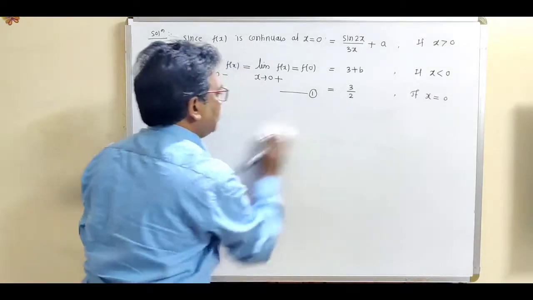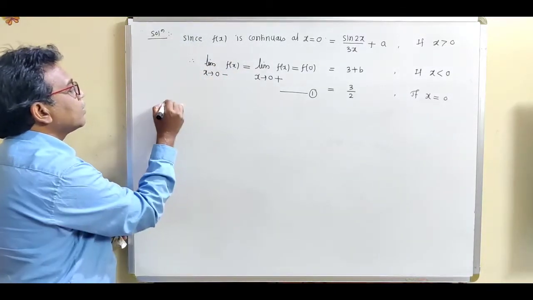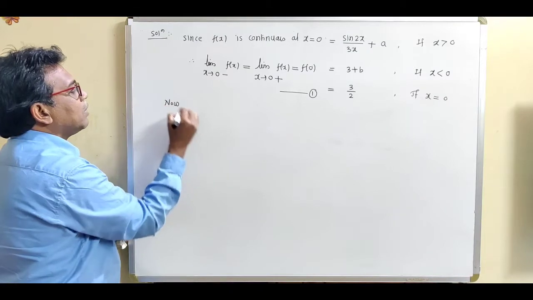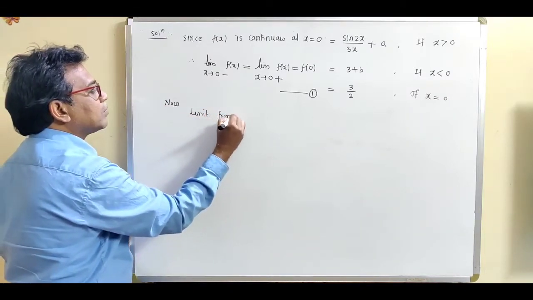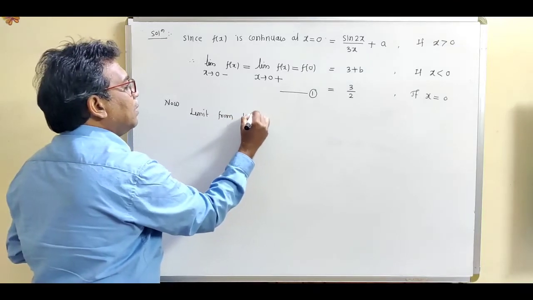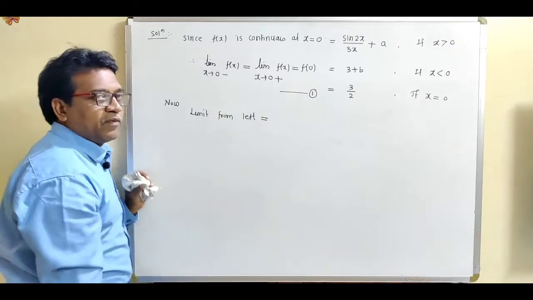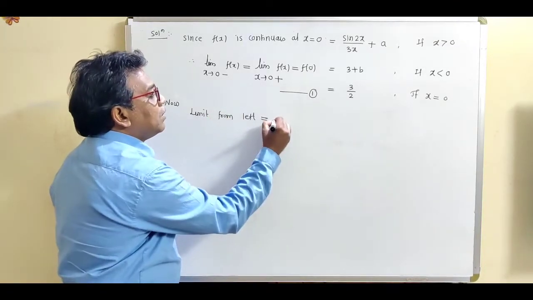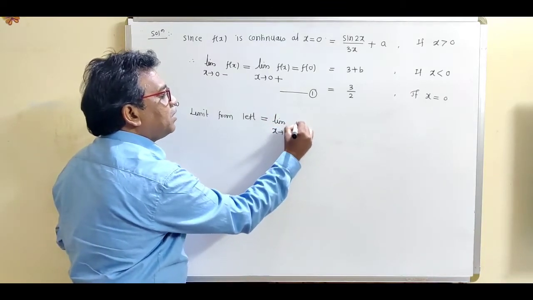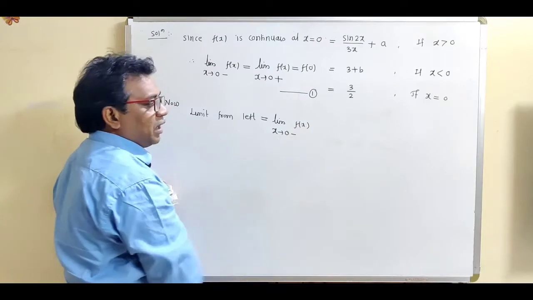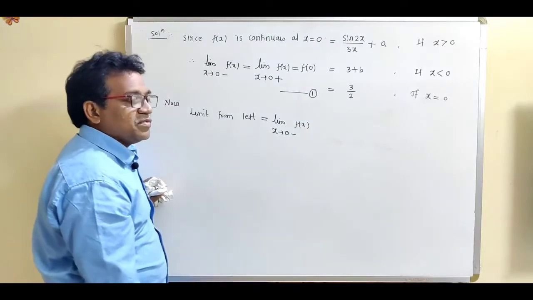So write down now. Limit from left is equal to, so this is the symbolic notation for left hand limit: limit of f(x) as x tends to 0 minus.